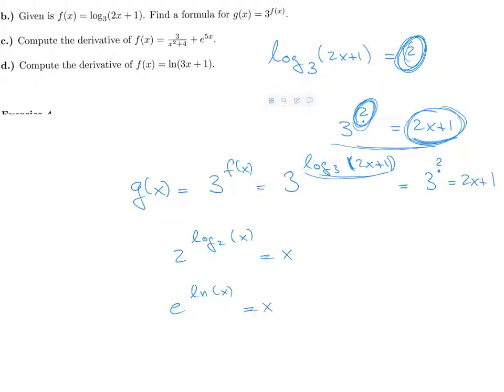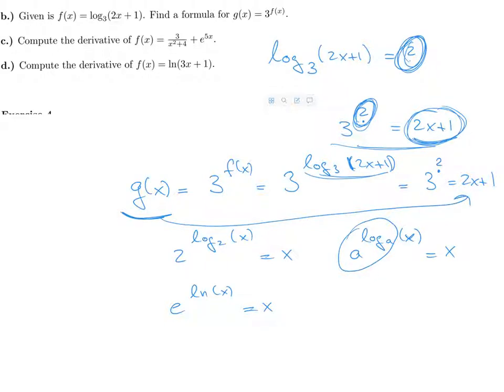So whenever we take a base a to the power of logarithm base a of anything, let's call it x, then this is just x, because these two operations are inverse in the sense they're not doing anything together. So our answer is that g of x is just a very simple linear function. g of x is 2x plus 1.